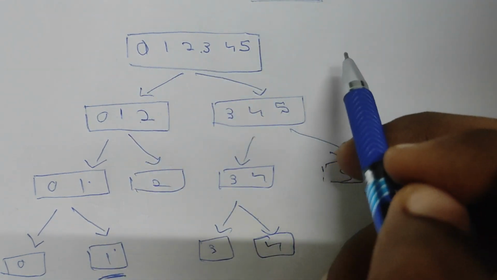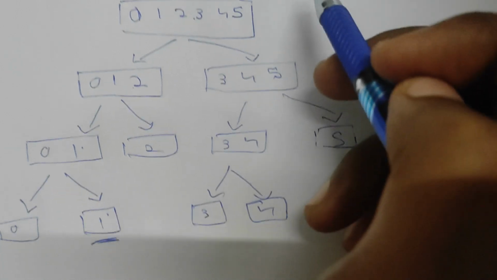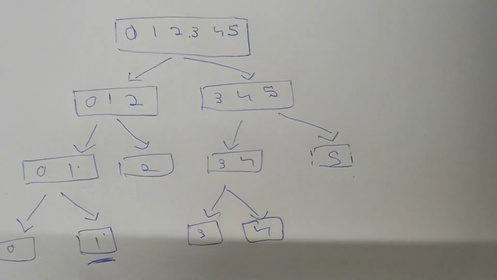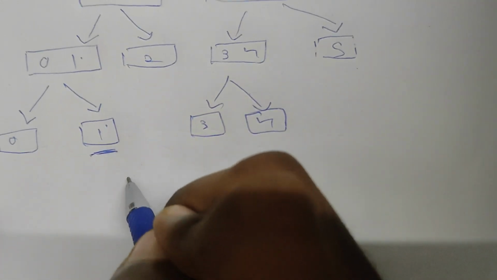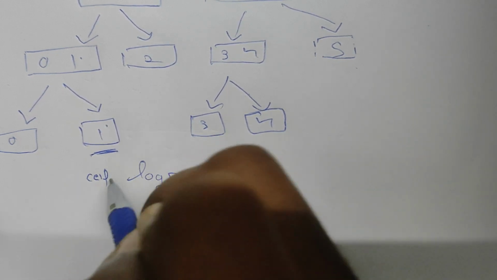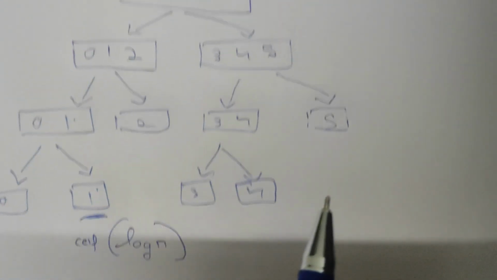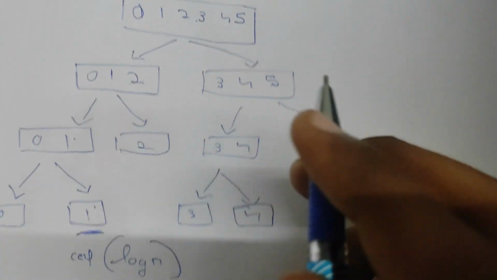If it's a large array, the difference would be much more prominent, and the number of elements in a segment tree approach that's going to get affected for each update operation is log n. Actually we have to take the ceil of log n. What's n over here? n is 6, because 6 elements are inside this array.